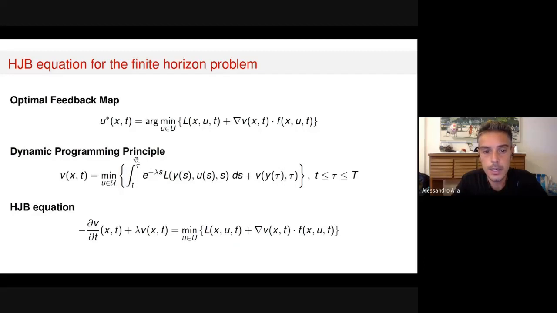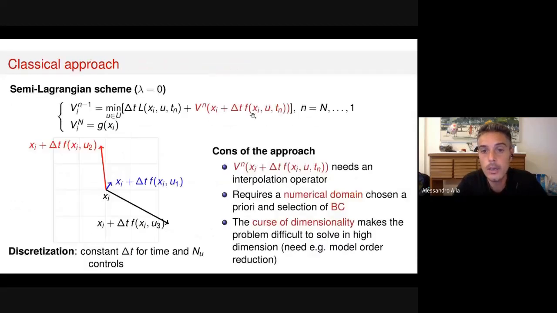This is valid for any tau, so we can choose a small tau, for instance t plus delta t, okay. And then this is one approximation of the differential equation. So we can use an Euler method here. This is the initial condition. And then this is one step of the Euler method to approximate the differential equation. And then we evaluate the value function at this point.